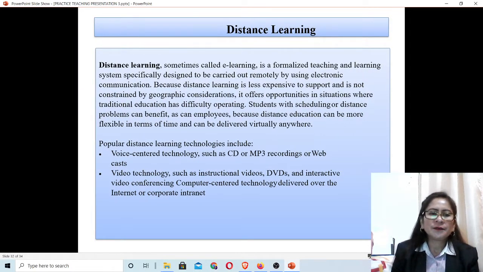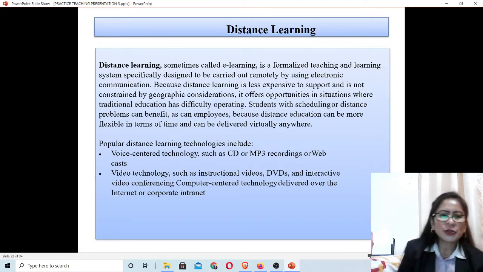Distance learning. Distance learning, sometimes called e-learning, is a formalized teaching and learning system specifically designed to be carried out remotely by using electronic communication.